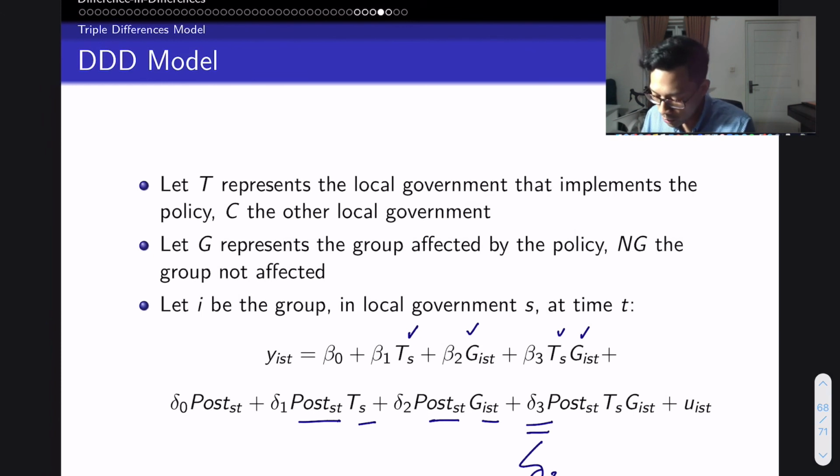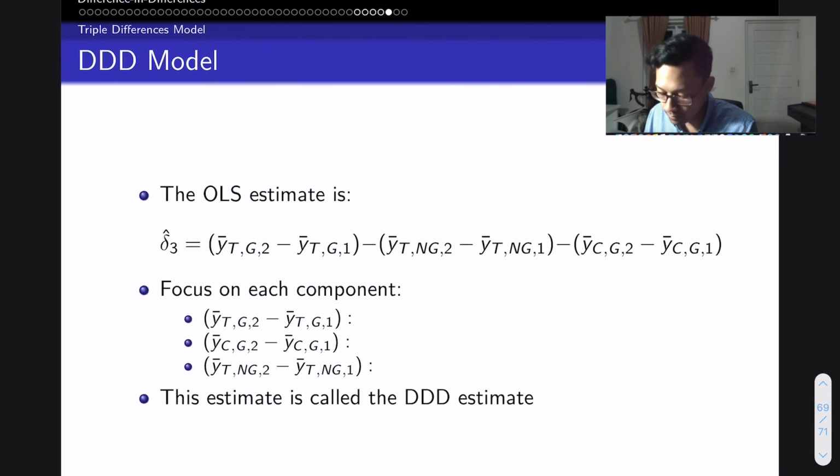The first thing that we will see is the difference in time for the affected group. So the group that is affected, we're going to see the observation before and after. This is the first.